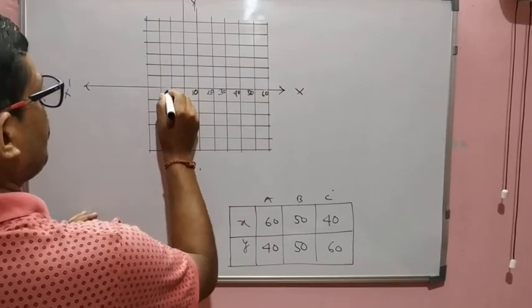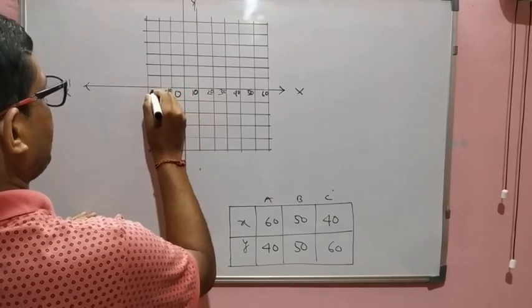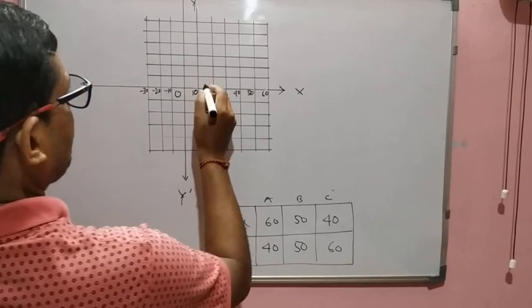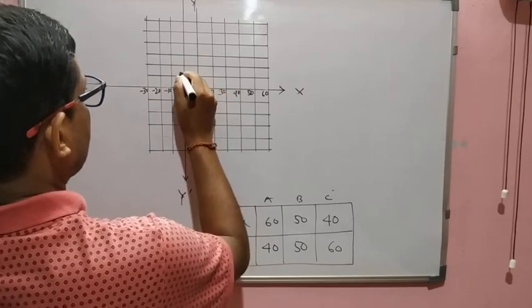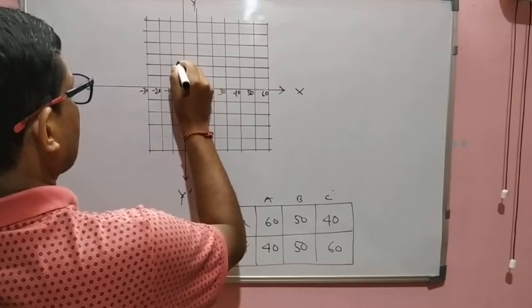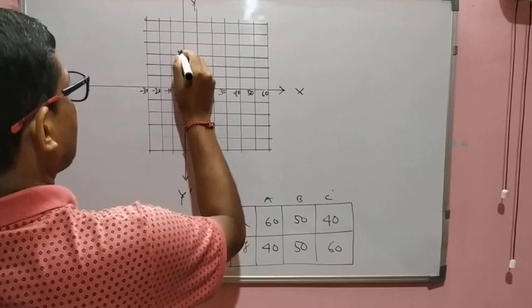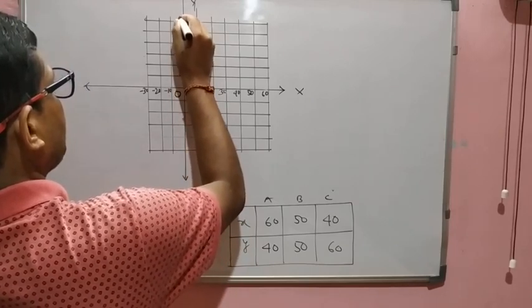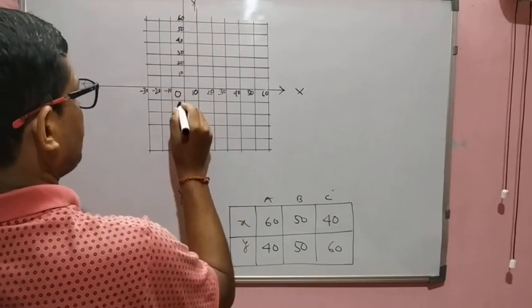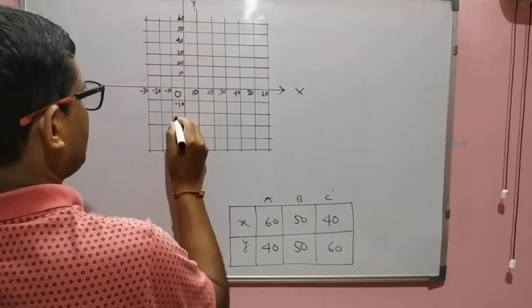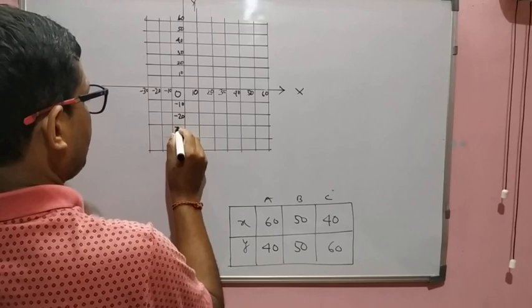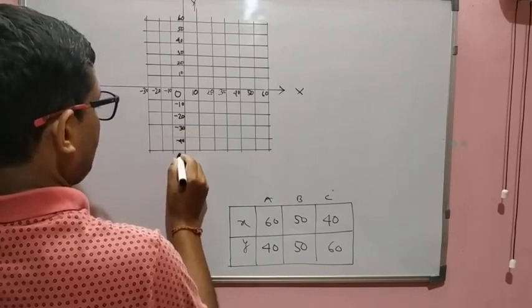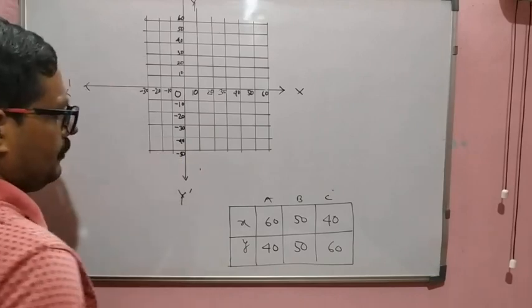This side it will be minus 10, minus 20, minus 30. Likewise 10, 20, 30, 40, 50, 60, and minus 10, minus 20, minus 30, minus 40, minus 50.